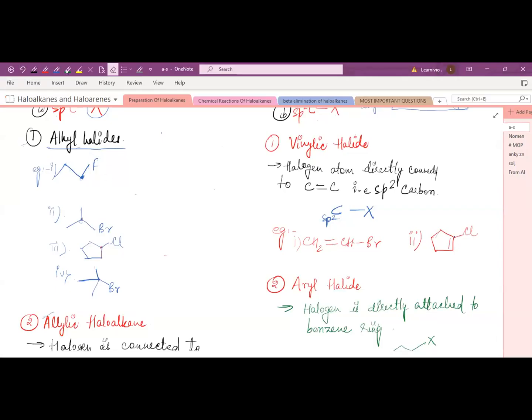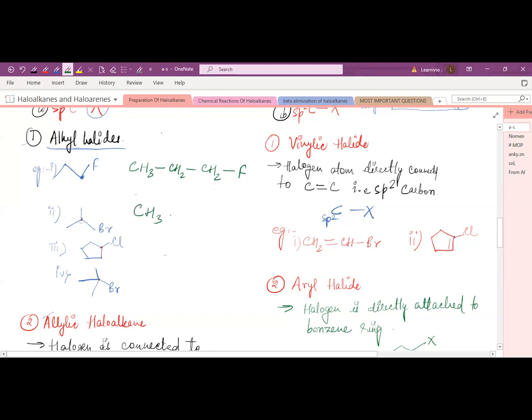Yeah, sure. See, I just told you, suppose CH3, CH2, CH2, and if I write fluorine over here. Now see, there's another structure.